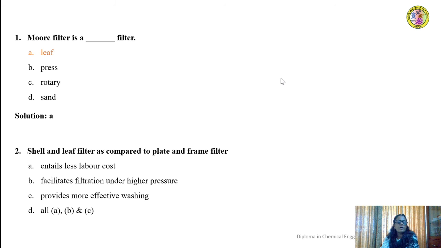So it can provide all of the above actually. Labor cost is less in a leaf filter compared to a plate and frame filter press. It also facilitates high pressure filtration comparatively, and provides more effective washing also. So the option here is option D, all A, B and C are correct answers.